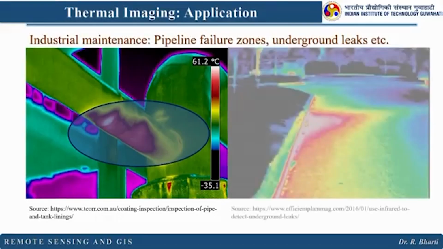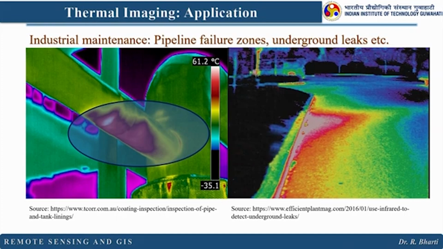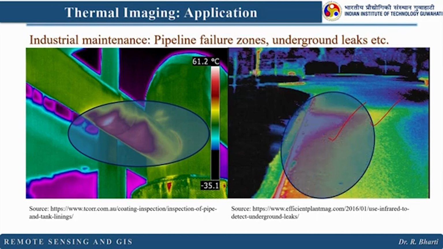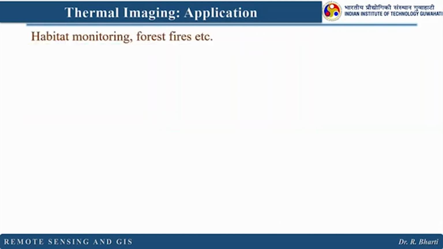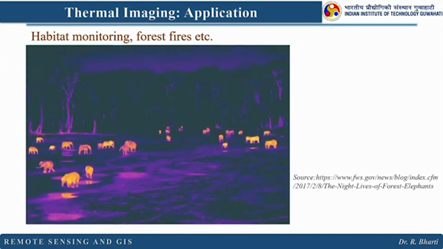The next example is underground leakage. From the surface, from the top, it may not be visible, but if you take thermal images, it will be very evident that it is spreading. You can see here. So these are a few advantages of thermal remote sensing.